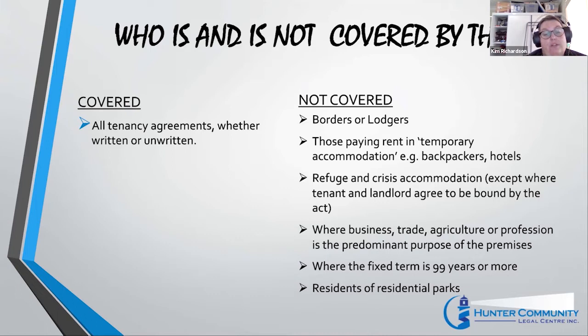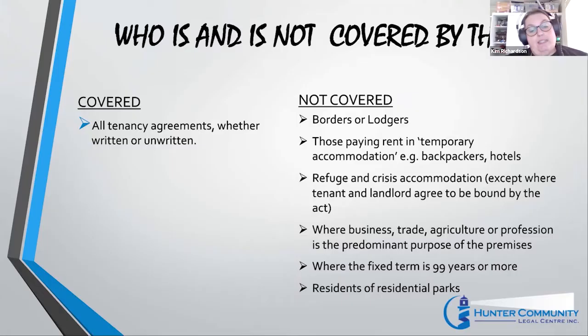Protected tenants are also not covered, and they're tenants who are living in premises that are covered by the former Landlord and Tenant Amendment Act of 1948, residential aged care or respite care services, serviced apartments, hotels, motels, and backpacker hostels, hospitals and nursing homes, club premises used to provide temporary accommodation, and premises used mostly for the purpose of trade, profession, business, or agriculture.